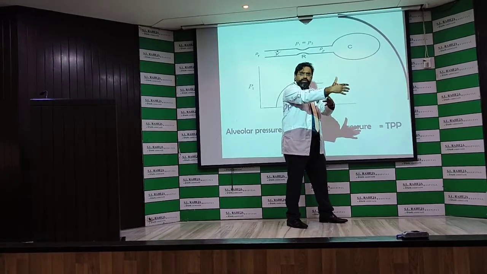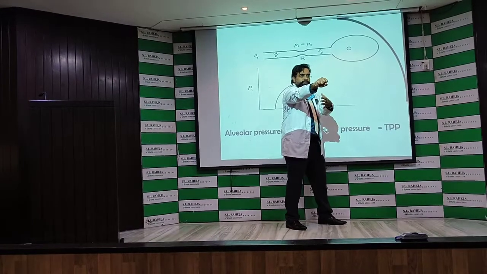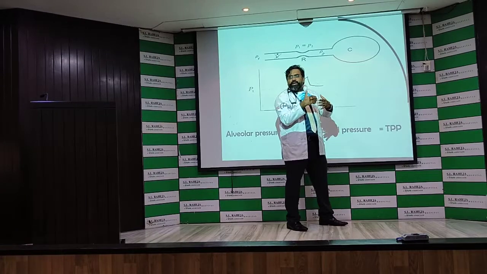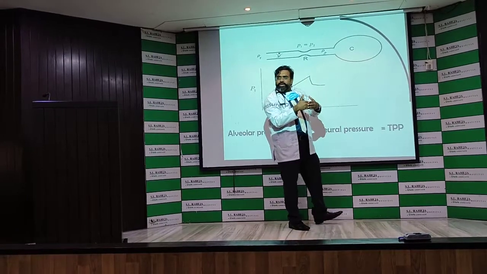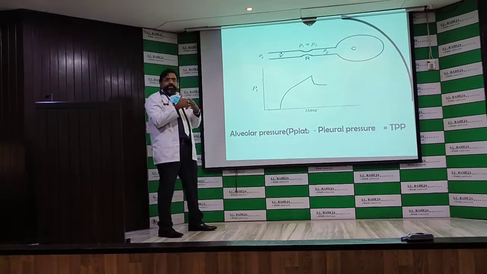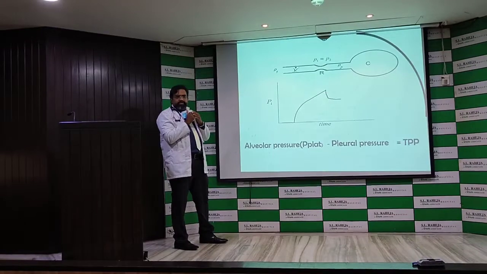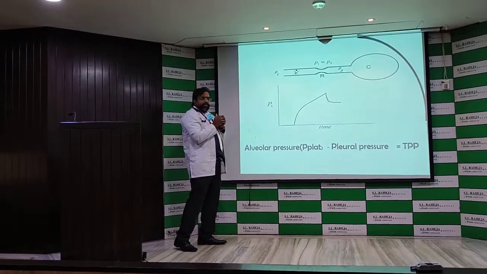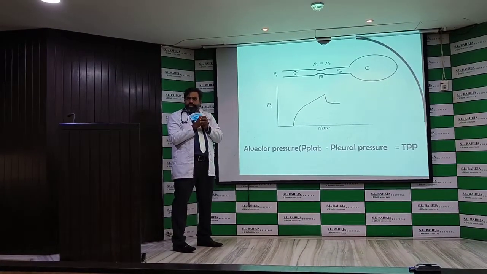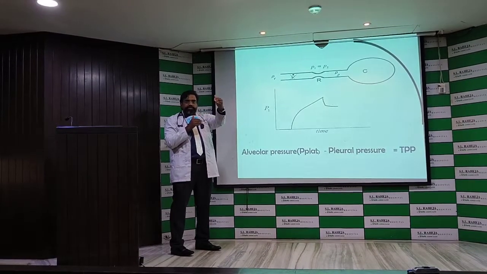Did you understand this much? So this means, if I remove this pressure out, what remains is my lung distending pressure. Clear? So can my plateau pressure be the right pressure to save the lung? No, it is not. Because plateau pressure is only giving you a combination of lung distending pressure and chest wall distending pressure.